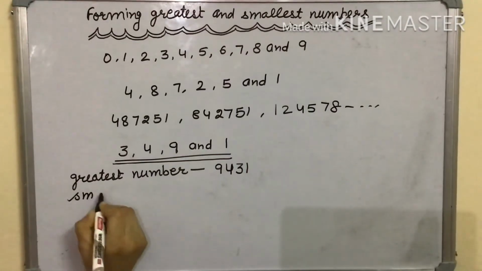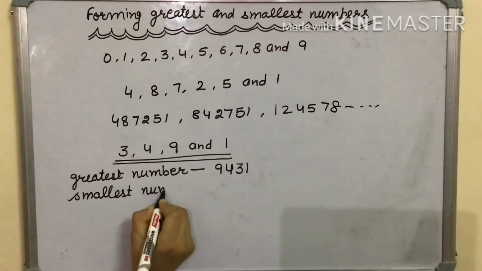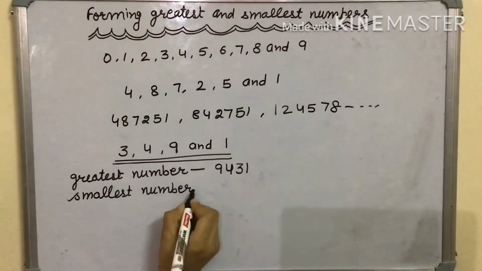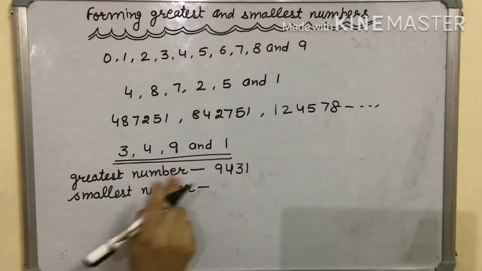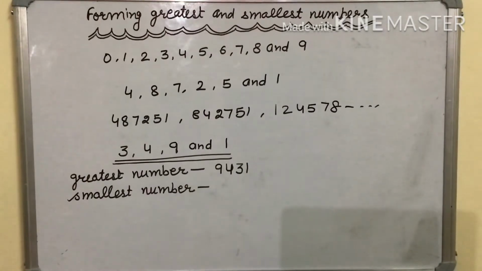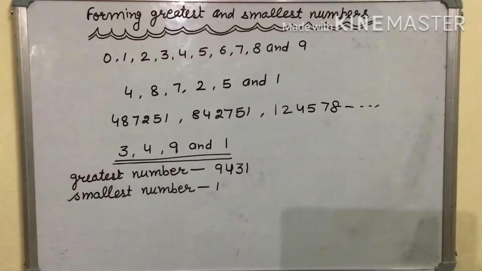Likewise, the smallest number formed by given digits. To write the smallest number, we use the digits in ascending order. And in the ascending order, we write the digits starting from the smallest digit.